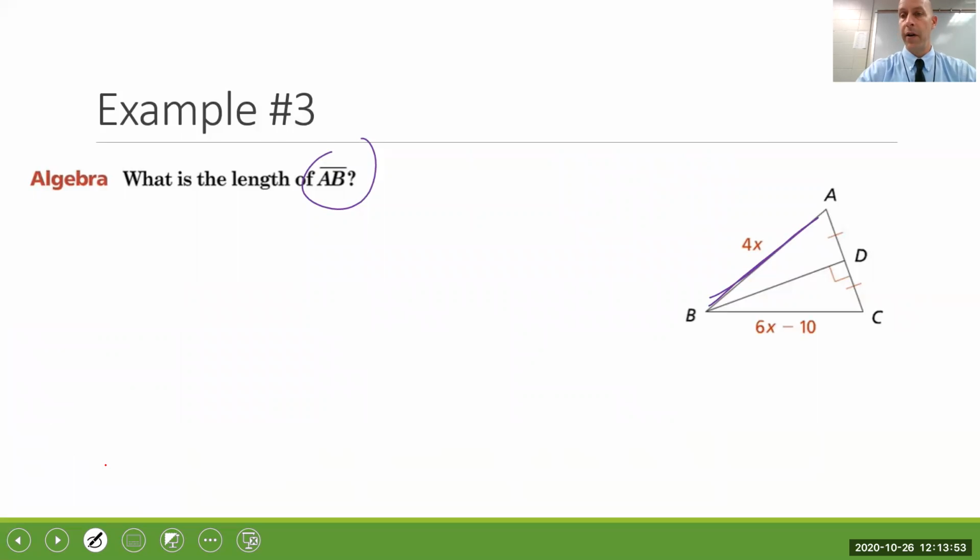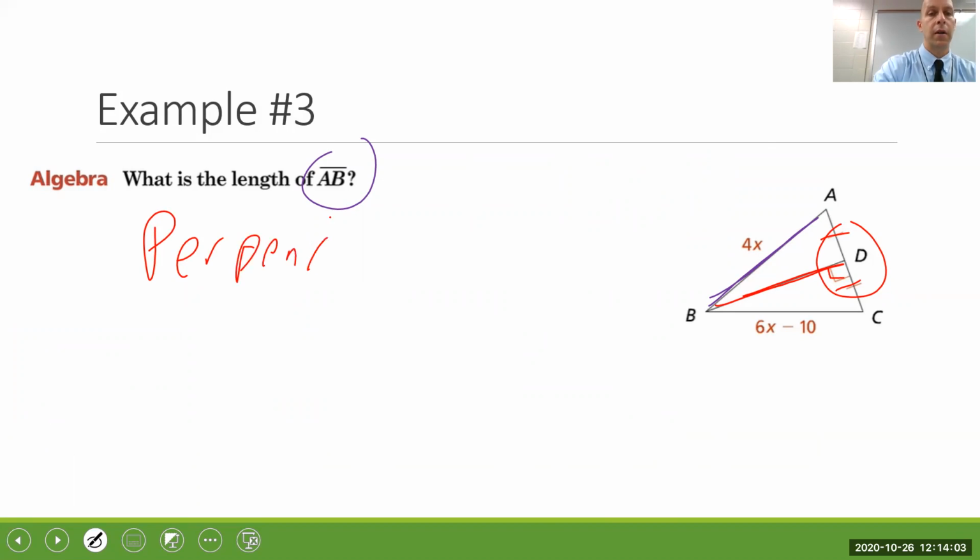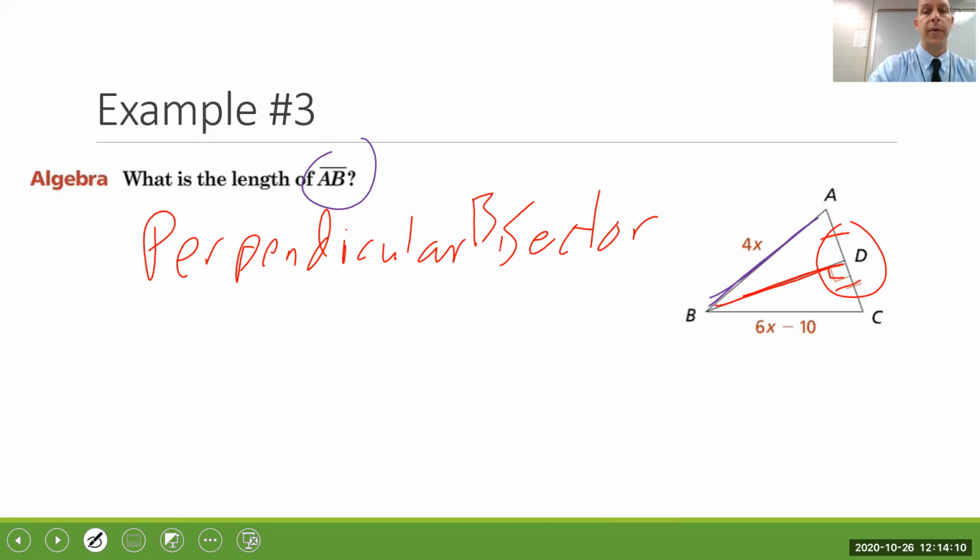Let's see here. What do we have here? We have something that is perpendicular. You see the right angle, and it bisects. So this is indeed a perpendicular bisector. Oops, if I can put bisector in there. It's a perpendicular bisector. And let me just make that more explicit here.